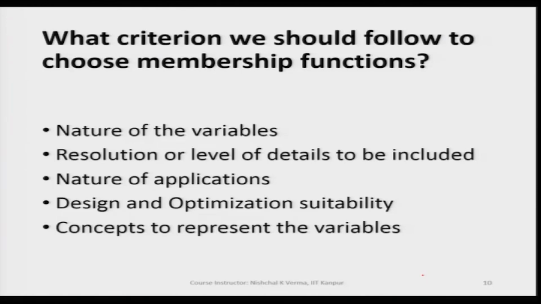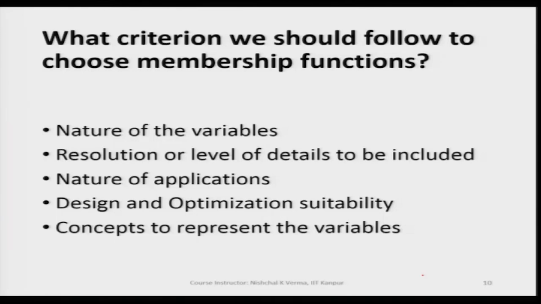So, membership functions are very important, and these membership functions provide us the membership values, and there are certain criteria which we normally follow while we choose the membership functions.